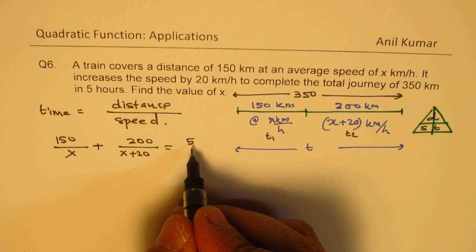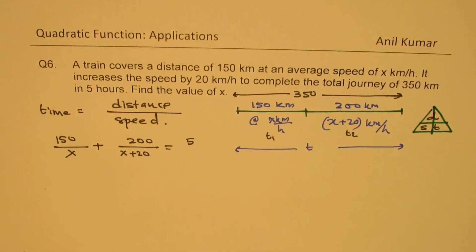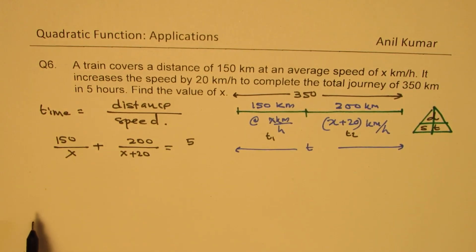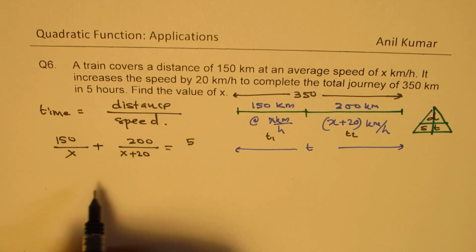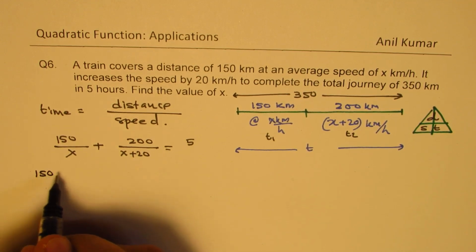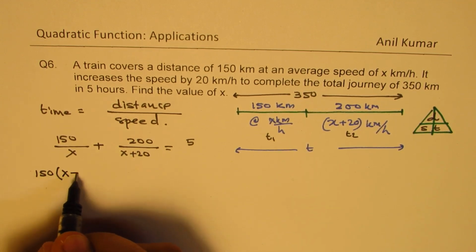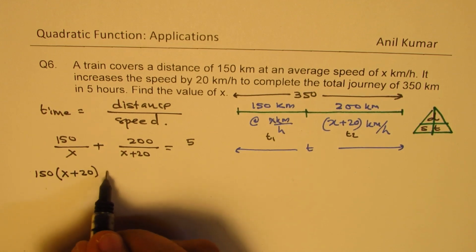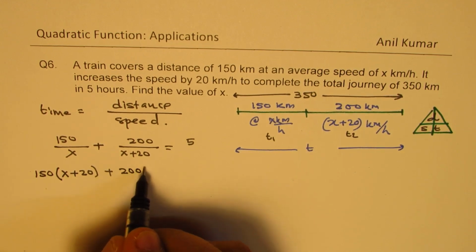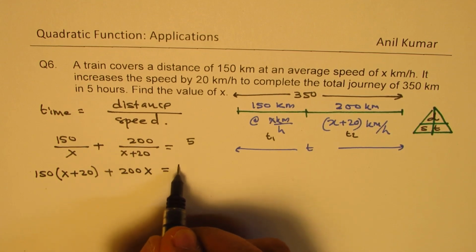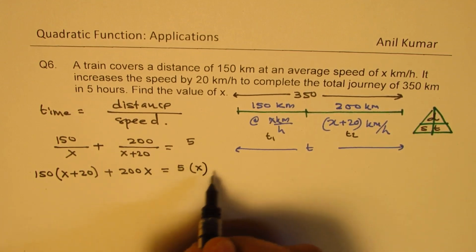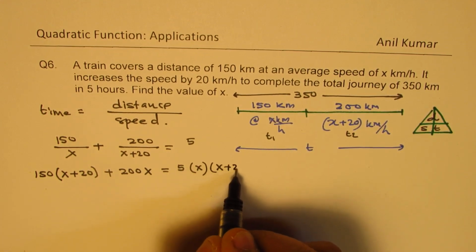So kilometers per hour, right? So it gives me 5 hours. So we get this equation, right? So we can now cross multiply. So we get 150 times x plus 20 plus 200 times x equals to 5 times x plus 20. Clear?